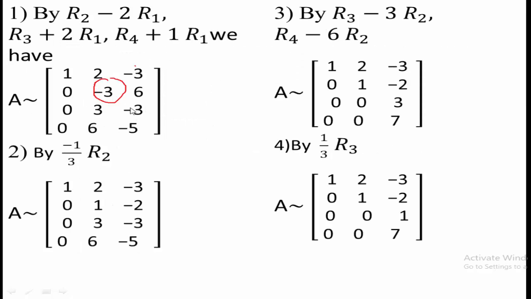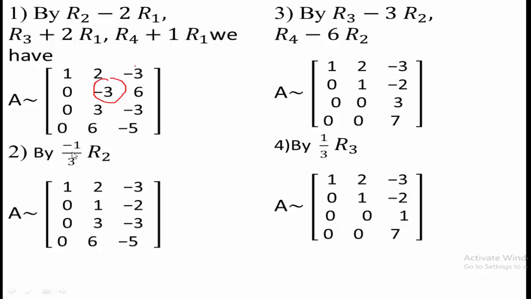Similarly, performing all operations, we get this matrix. See here, this is a minus 3. At the 2 place we want 1 here, and we will bring 0 below this minus 3, at the 3 2 and 4 2 places.